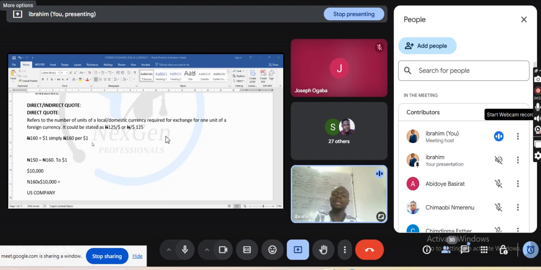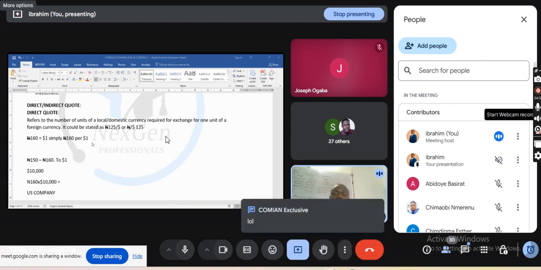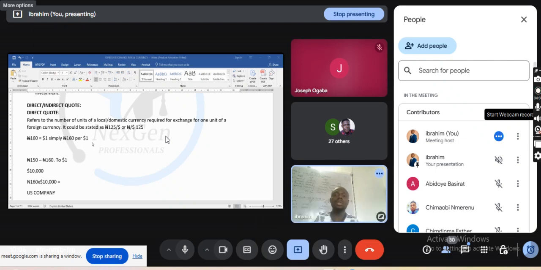If it is selling to others abroad, or buying from others, what would be the value in naira? We will still look at more illustrations of that.